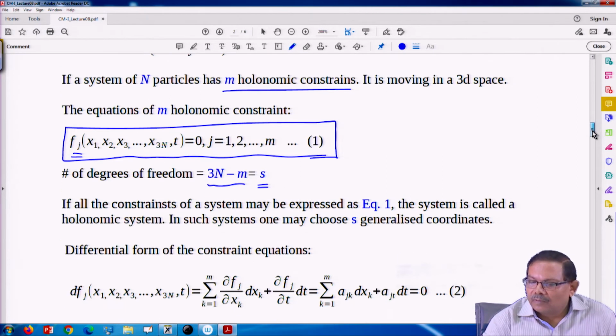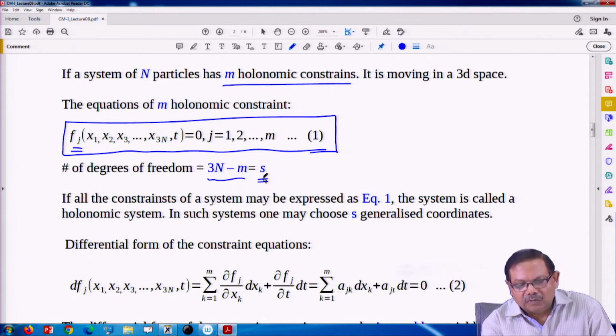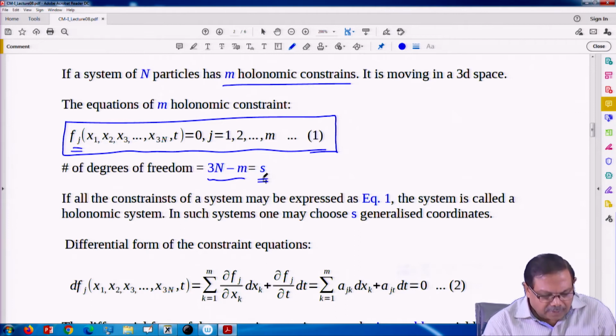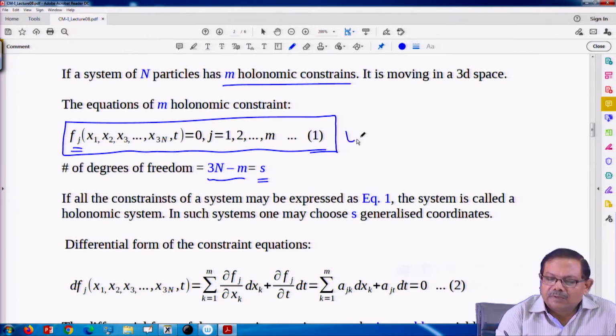So, if the number of constraints is subtracted, then we get the number of generalized coordinates, which is also the degrees of freedom. Suppose I have a system where only this type of constraint is there, all constraints are expressible in this form, then the system is called a holonomic system.